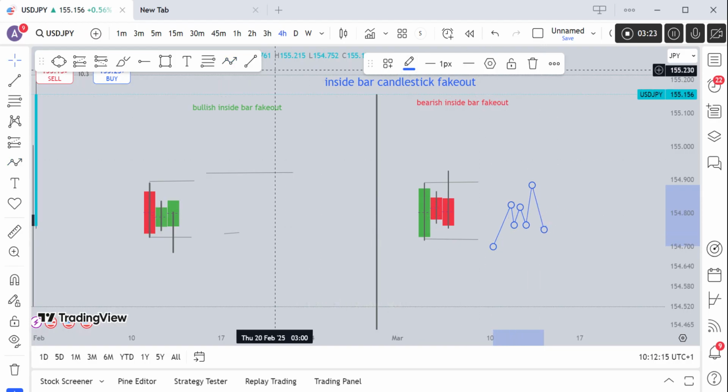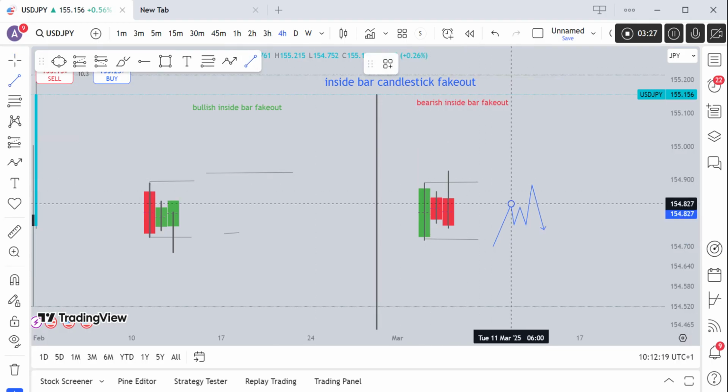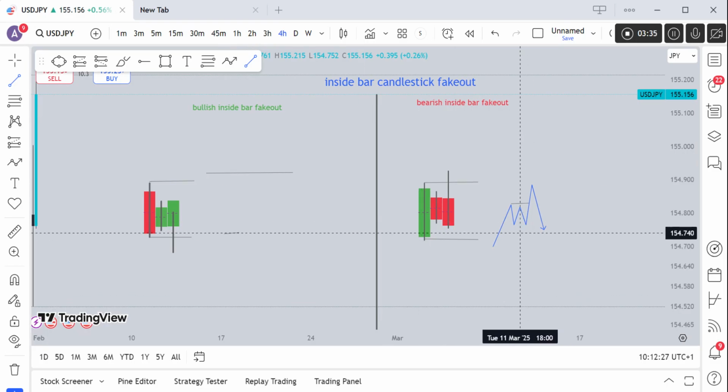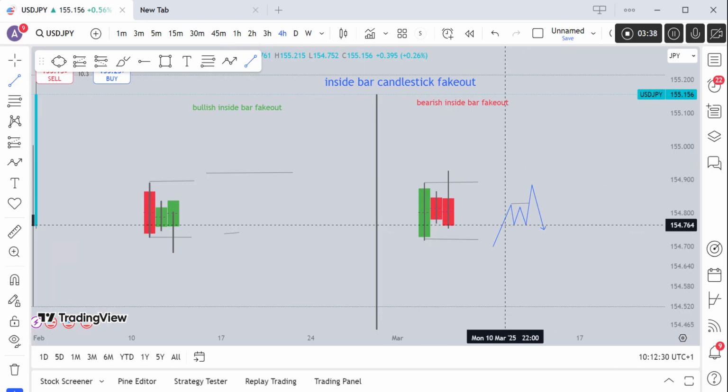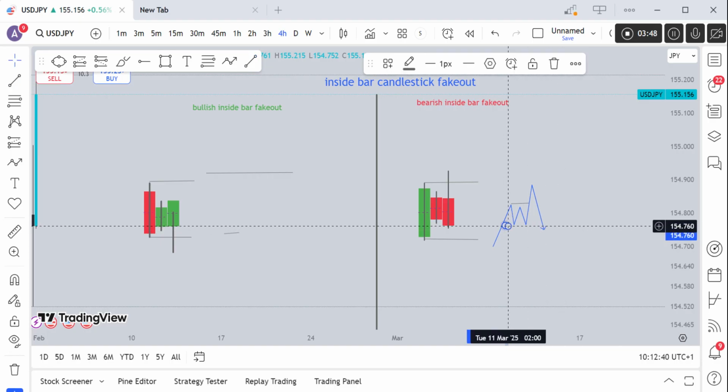This is an indication for a selling trade in a downtrend, mostly when the market retakes to the resistance zone or the supply zone. Let me add this. Sorry, not here.